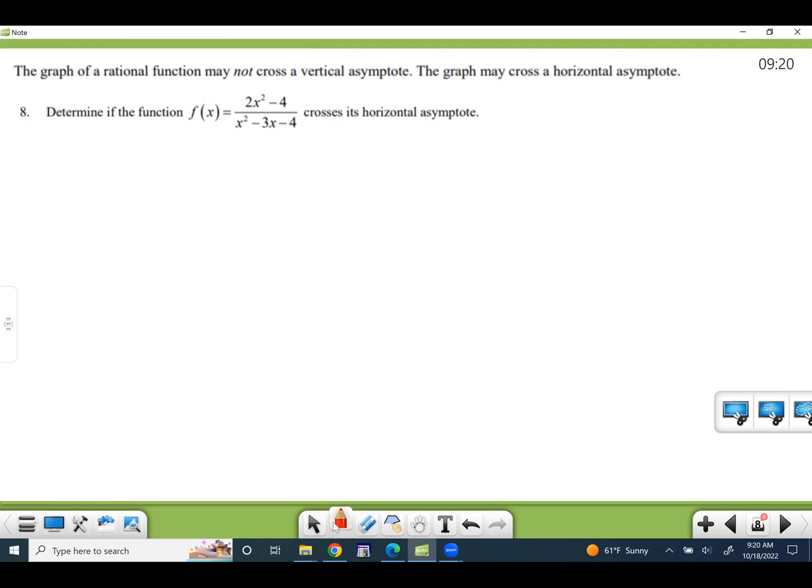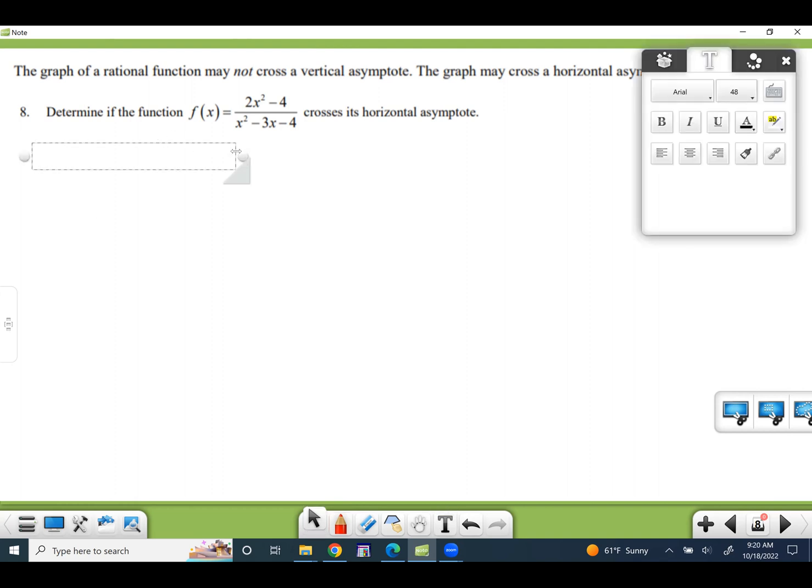All right, so there is a question on your test for this section where it says, determine if the function crosses the horizontal asymptote. If we want to find out if a function crosses the horizontal asymptote, then set it equal to the horizontal asymptote and try to solve.